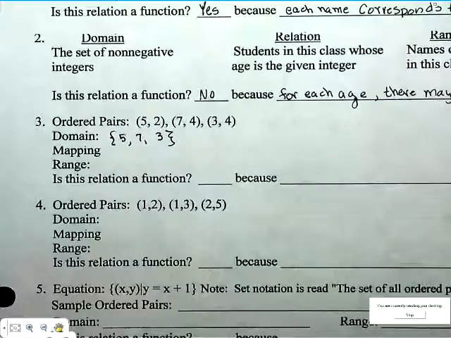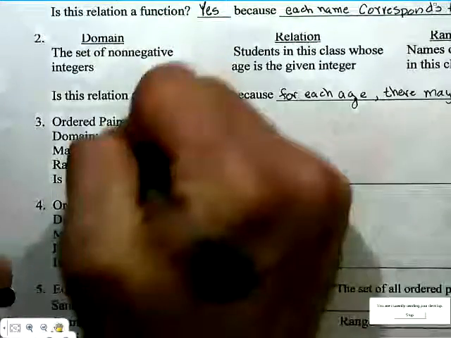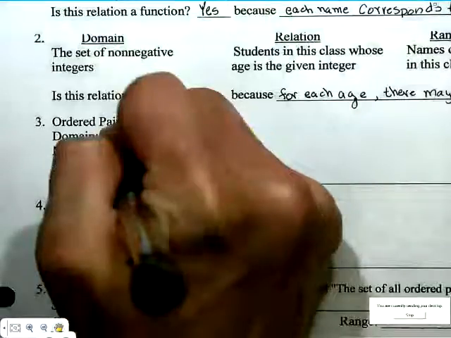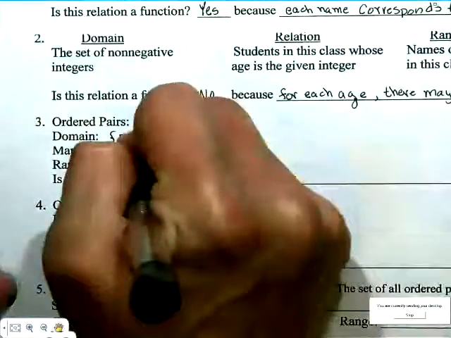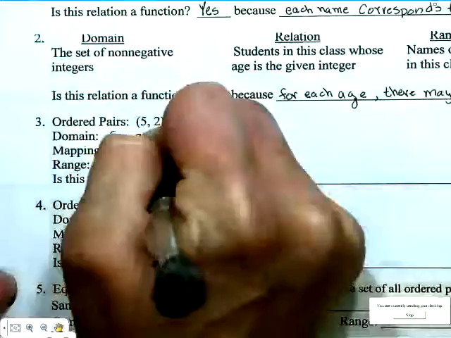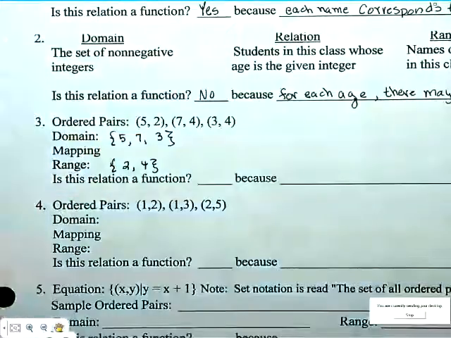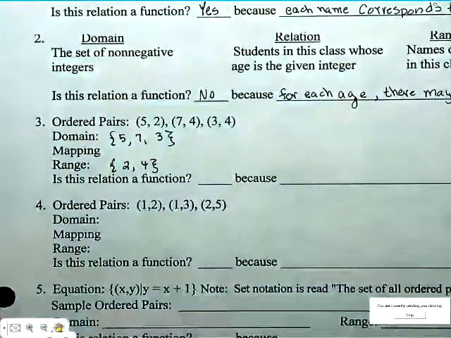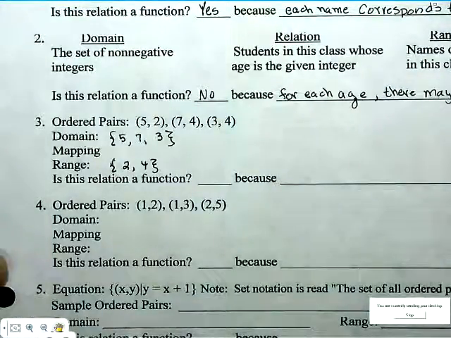Range refers to what? The Y value. So the range of this relation is 2, 4, and there's no reason that you have to write 4 twice. You're just writing what Y can be. Y's are either 2 or 4 in this relation, so you don't have to write the 4 twice.